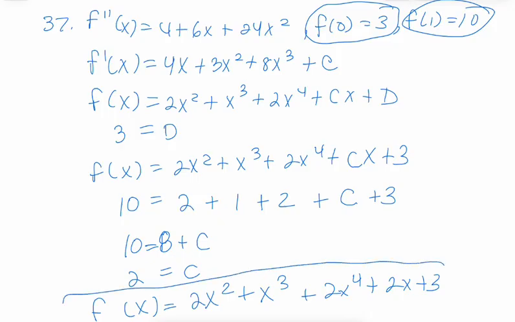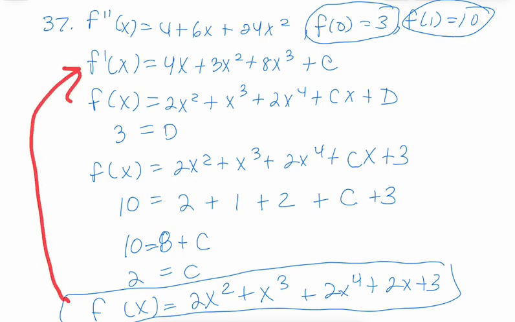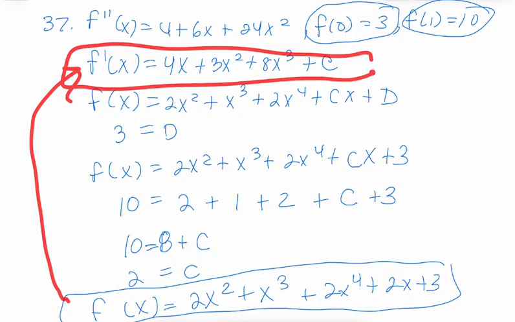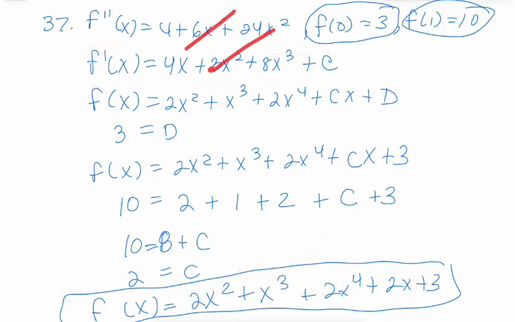That is my answer. Now, how could we check that we're right? Well, if you plug in 0 to that, you do get 3. Check. If I plug in 1, I do get 10. Check. If I take the first derivative, I get 4x plus 3x squared.